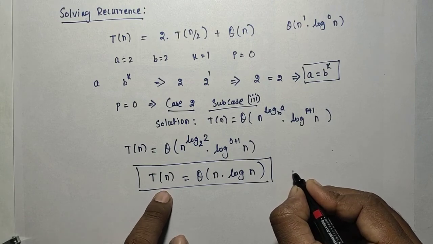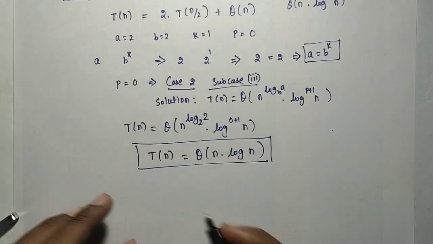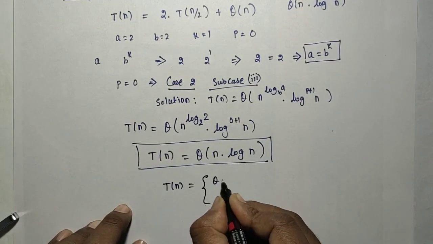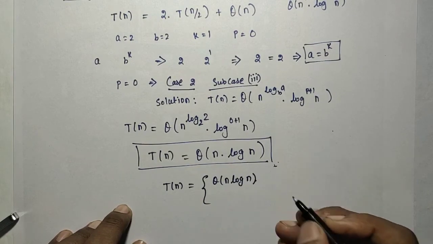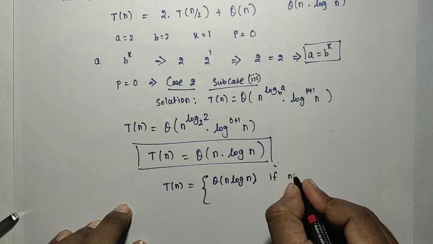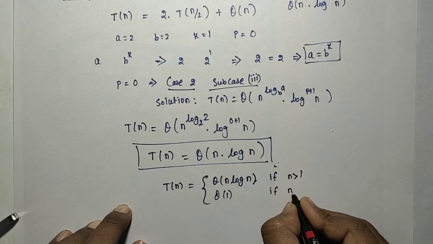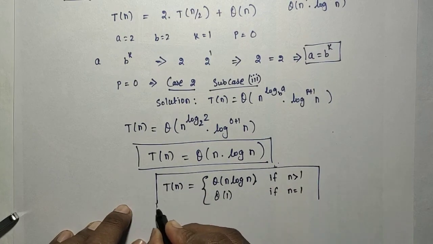If n equal to 1, the complexity will be 1. So we can also write like this: T of n equal to theta of n log n if n is greater than 1, and theta of 1 if n is equal to 1. Like that we can write.